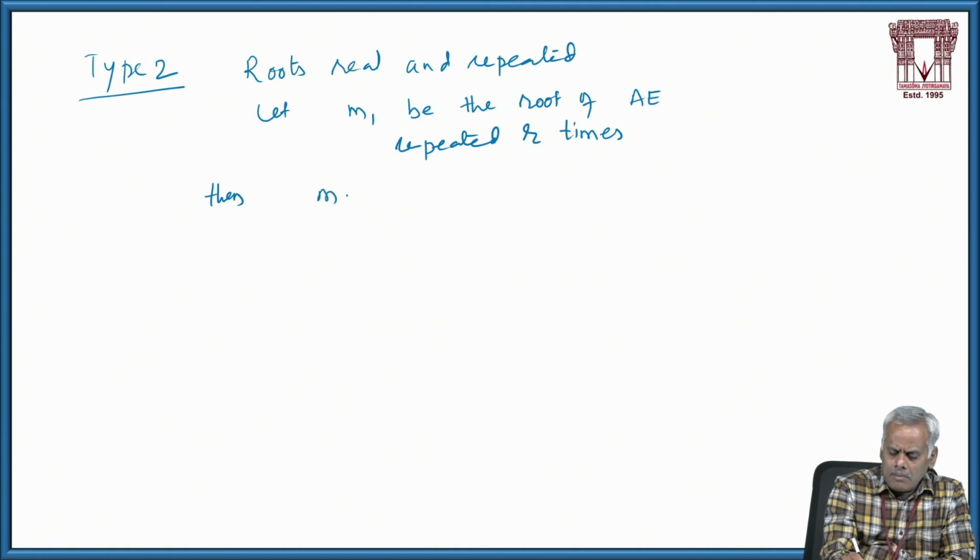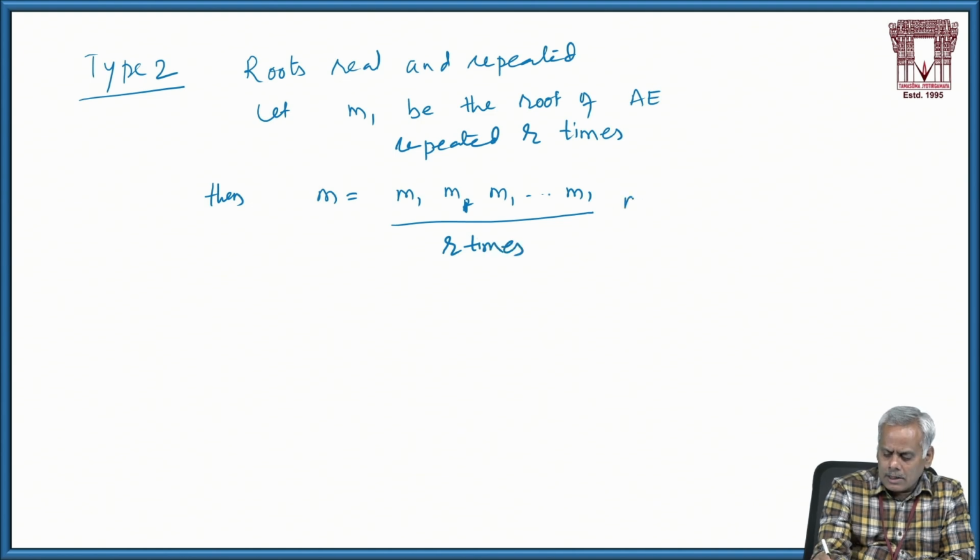Then m is equal to m1, m1, m1, m1, m1, r times, and the next roots are m r plus 1, m r plus 2 up to mn.